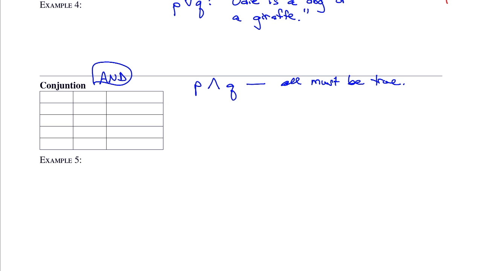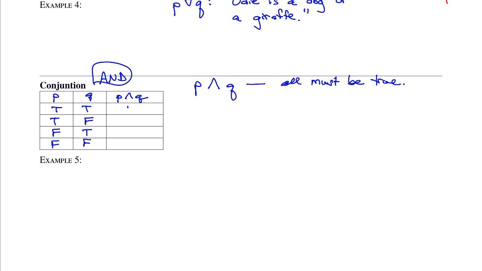Okay. So let's load up the table. So P, Q, P and Q. And we're going to start with our basic truth table. True, true, true, false, false, true, and false, false. All right, if P is true and Q is true, then what do we know about P and Q?